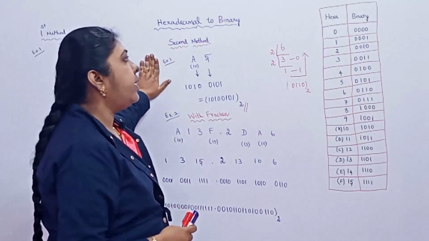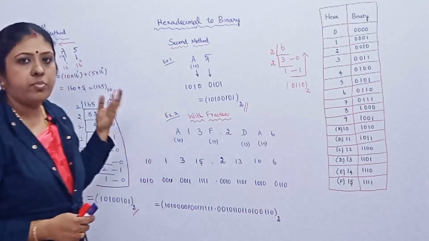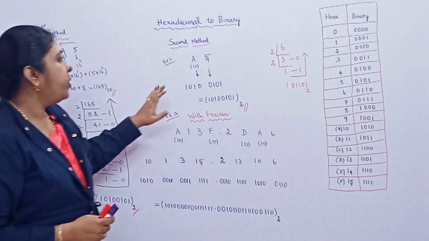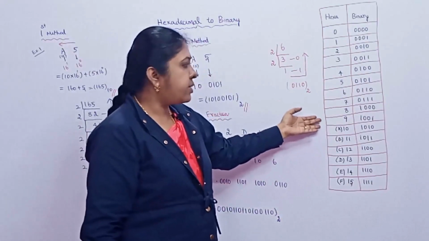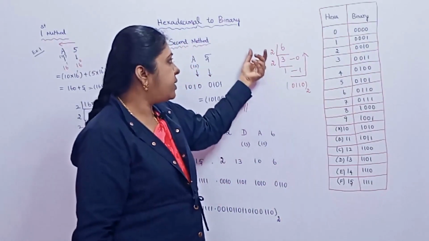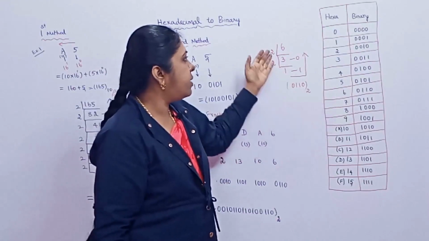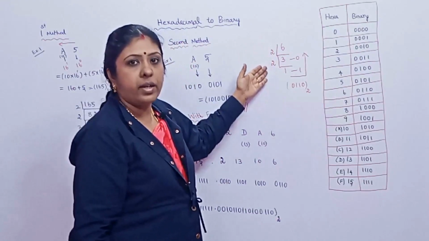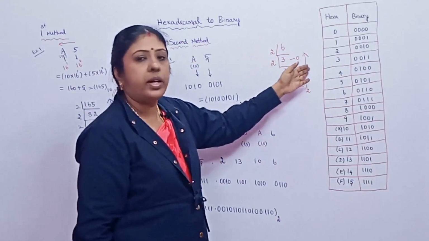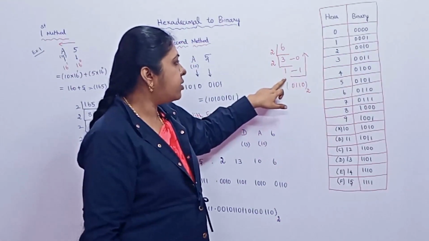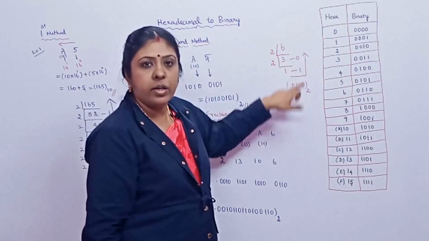And the second method can also be known as the direct substitution method. Here, for your reference, a table has been given. This table can be found by taking an example, 6: we continuously divide the number by 2, the remainders are noted, and the final values are noted from the bottom to the top.